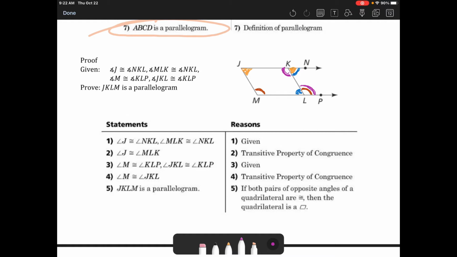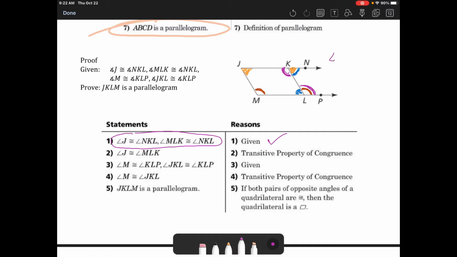Okay, so this information is given, right? Angle J is congruent to NKL, MLK is congruent to NKL. Well, it is also given that angle J is congruent to MLK. Why? Because look here. Let me write it out again.